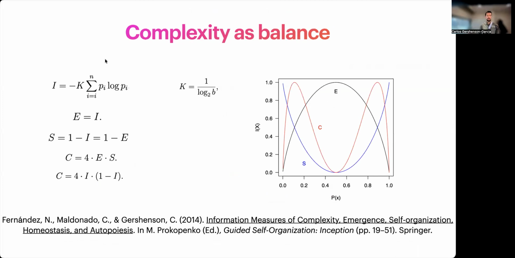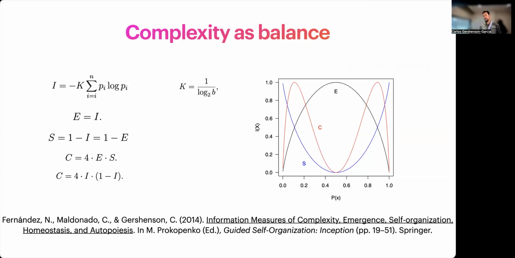It's the sum of probability times log of the probability. In this example, we just have 2 symbols, 0, 1. So we can normalize it so that this is always between 0 and 1. Emergence, we define it as information, because one way of understanding emergence is information that's present at one scale and not at another scale.